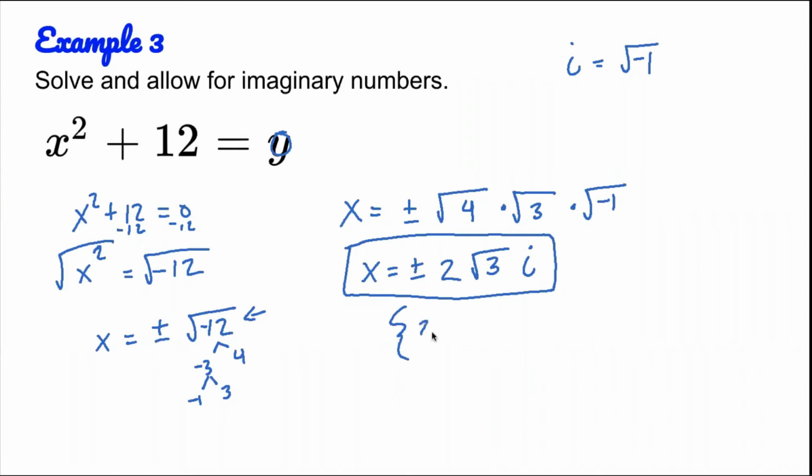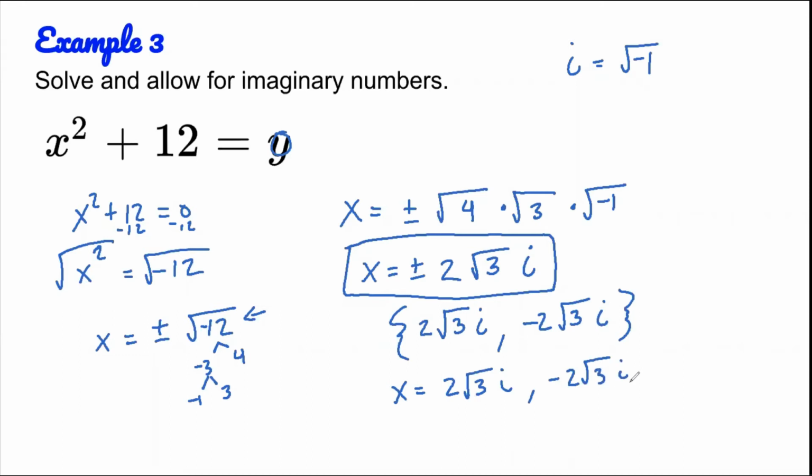So you have positive 2 square roots of 3, i, and negative 2 square roots of 3, i. Whatever you prefer, or if you want to state them separately, x equals positive 2 square roots of 3i and negative 2 square roots of 3i in this case. Either way that you present it would be correct.